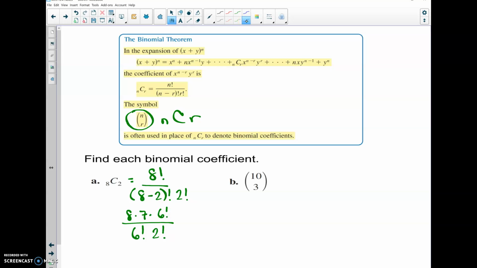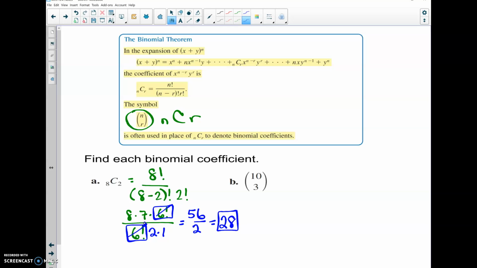I'm writing it like that because now our 6 factorials will cancel. And 2 factorial, I can rewrite as 2 times 1. So 56 divided by 2 times 1, which is 2. So 8 choose 2 is 28. This saves us time over having to write out 6, 5, 4, 3, 2, 1 twice and canceling out every single one of those common factors.